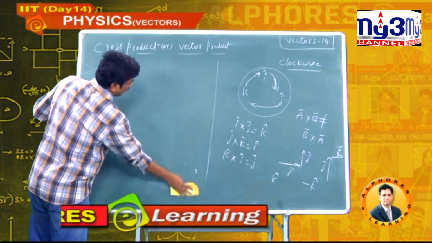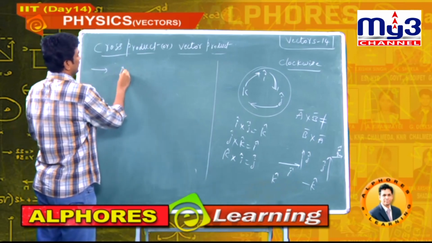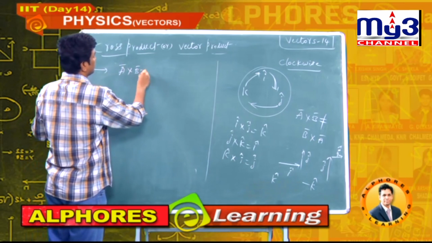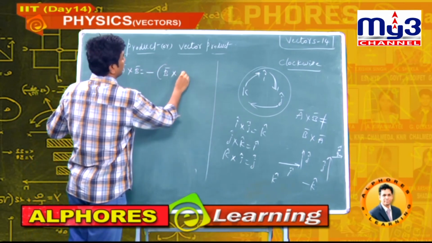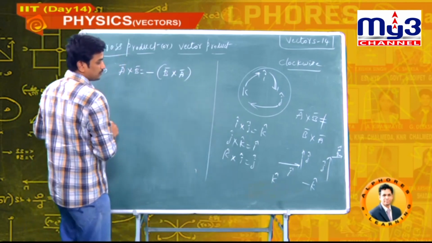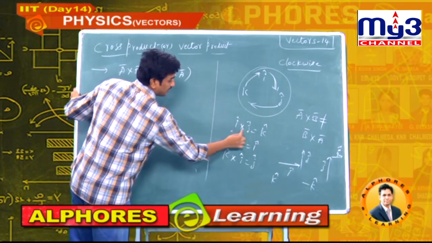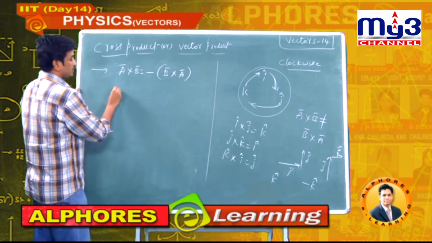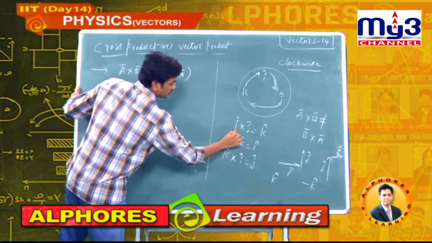I will write that point here. You should remember that a bar cross b bar is equal to minus of b bar cross a bar. Negatively equal, not directly equal. Now, can you reverse these two? I cross j and j cross i are negatively equal: j cross i is minus k cap.